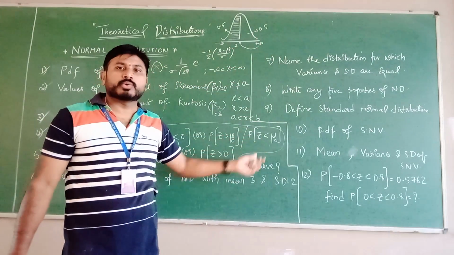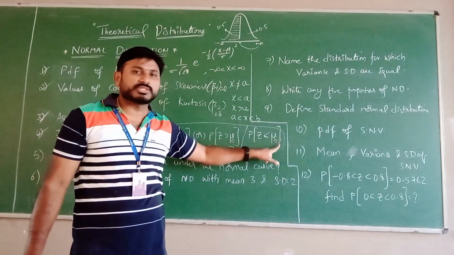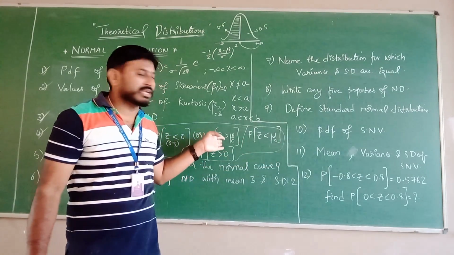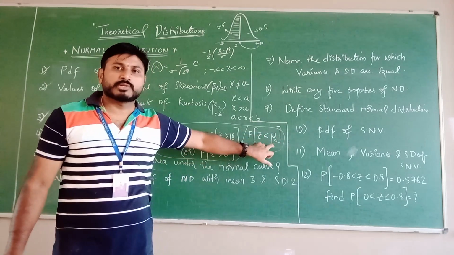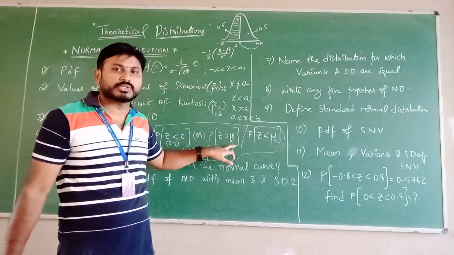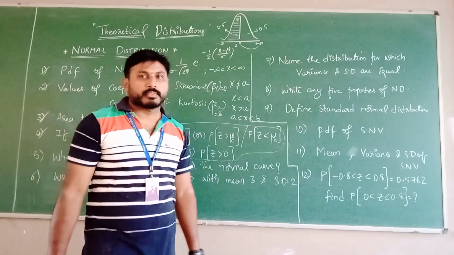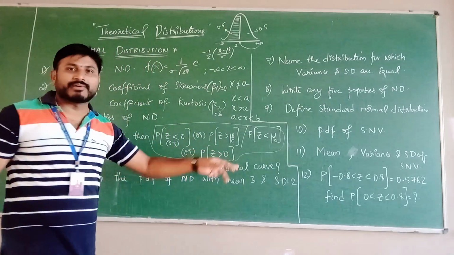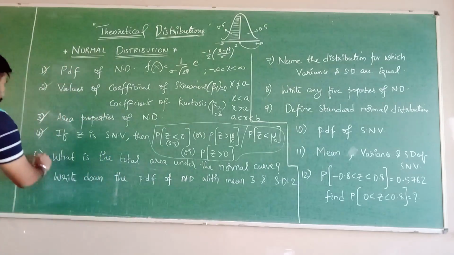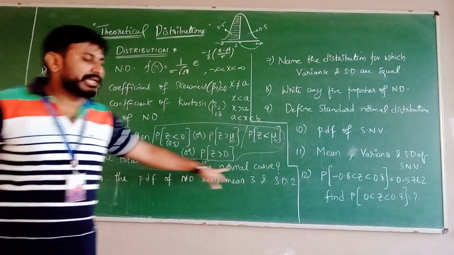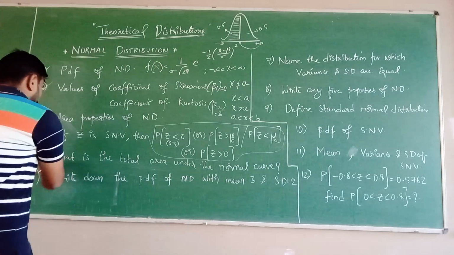In a standard normal distribution the mean mu is always 0, so in place of mu substitute 0. Z greater than mu is 0.5 and less than mu is 0.5. Clear, guys? All these 4 values are 0.5 only. Next, what is the total area under the normal curve? Just now I said 1. The total area under the normal curve is 1. This is also completed.